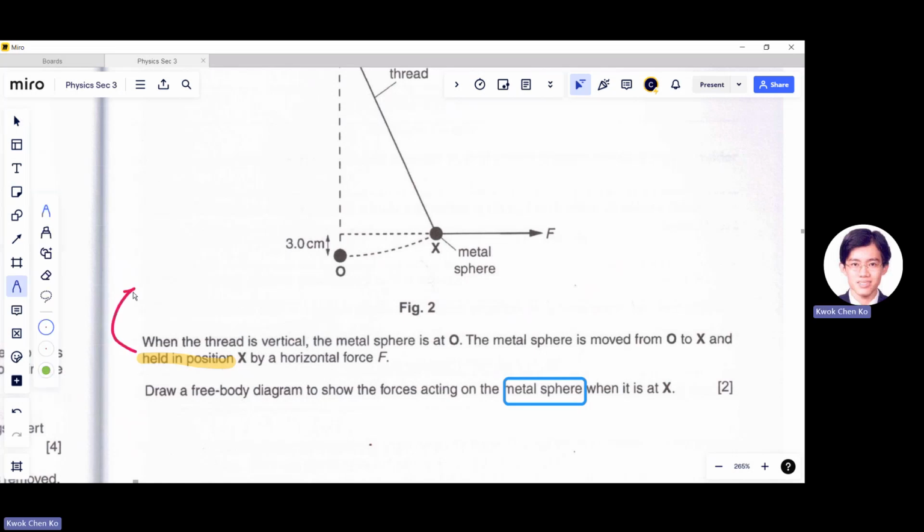So once you see this phrase, it simply means your object is stationary. It's not moving at all. And therefore, that should imply that net force is 0. Or the other word that I used previously is all forces are in equilibrium.